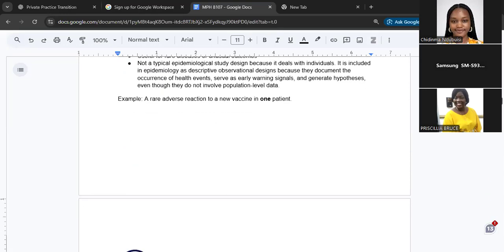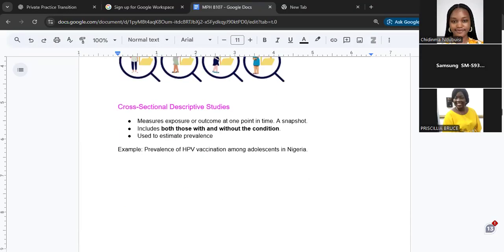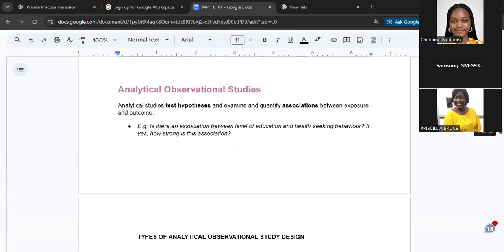If you remember, when we were talking about descriptive study design, I mentioned that it is used for generating hypotheses. After you've collected the data, for instance, from the different countries, you see that the average lifespan of somebody in Nigeria is 54 years, and for another country it is 68.